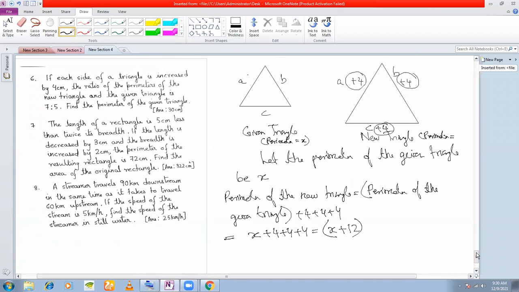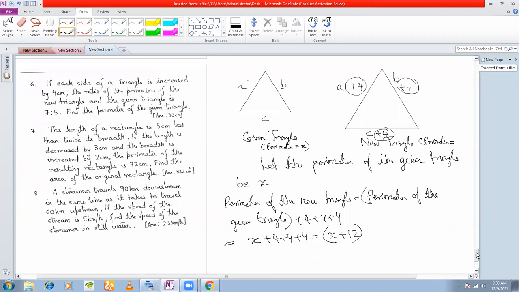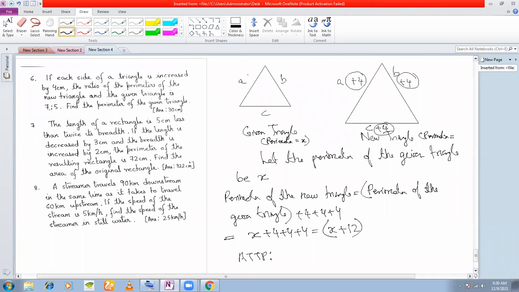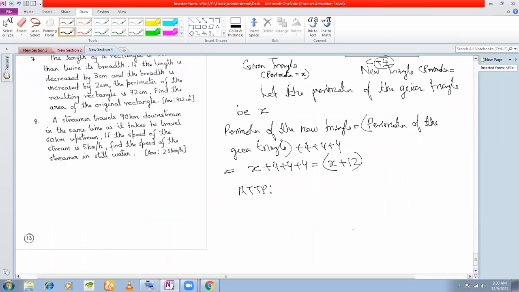And what is given here? The ratio of the perimeter of the new triangle and the given triangle is 7:5. So according to the problem, remember, the new triangle is first and then the given triangle.